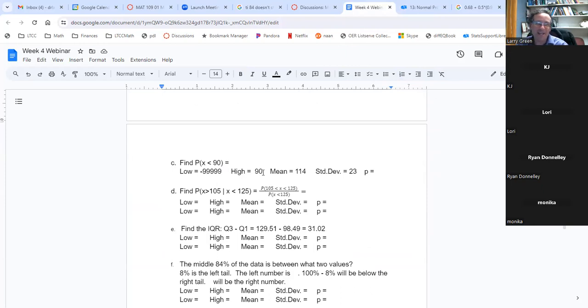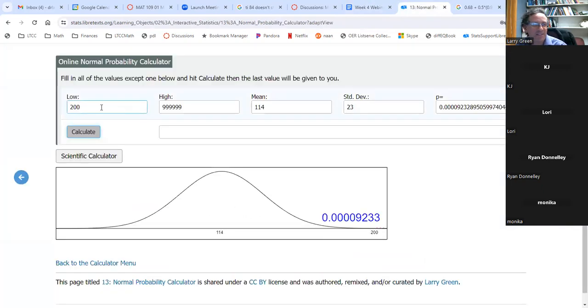Okay, so negative bunch of nines, 90. Same mean, same standard deviation, leave the p blank, and we calculate. And you get about 0.1484. Any questions at all on that example?